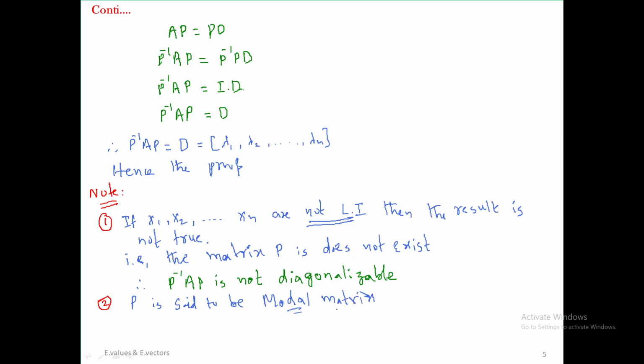So this is the modal matrix, and D is the spectral matrix. These are having some special names, nothing else. Spectral matrix and modal matrix.